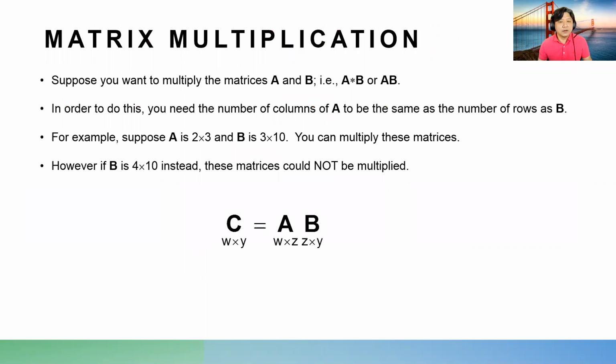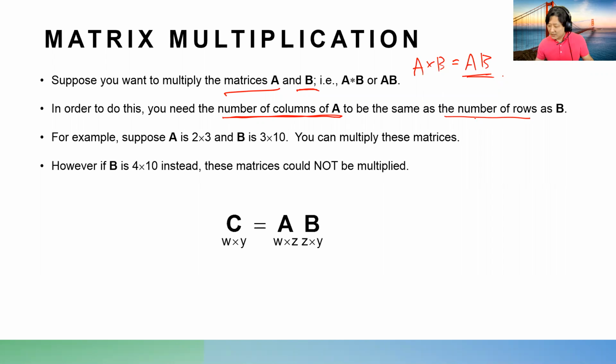And now let's talk about the matrix multiplication. So suppose you want to multiply matrix A and matrix B. So matrix A times matrix B, it is AB, matrix AB, okay? So in order to do this, you need the number of columns of A to be same as the number of rows of B matrix.